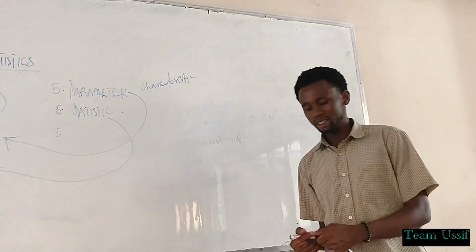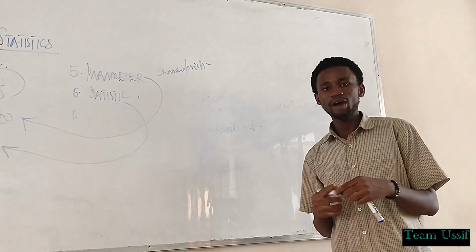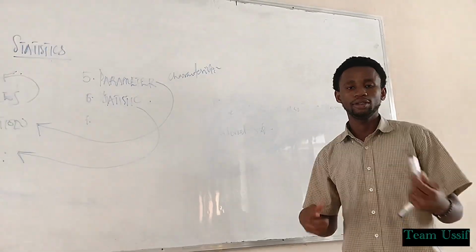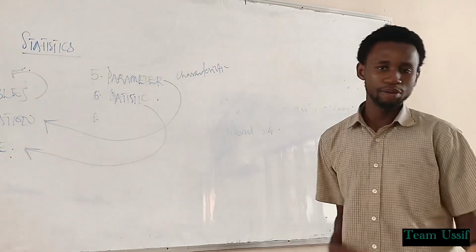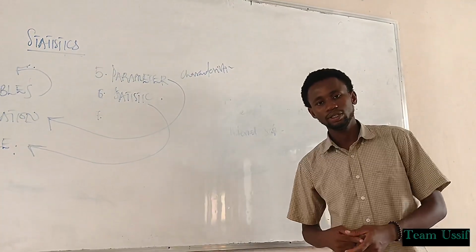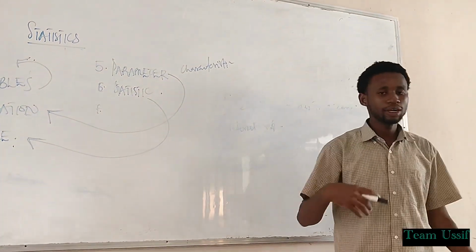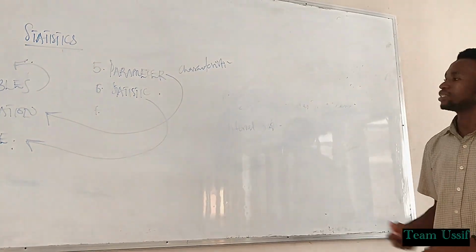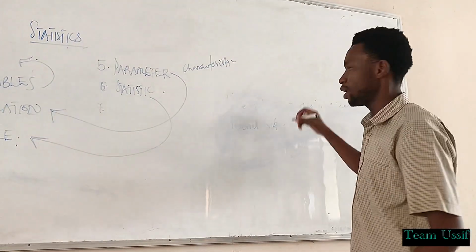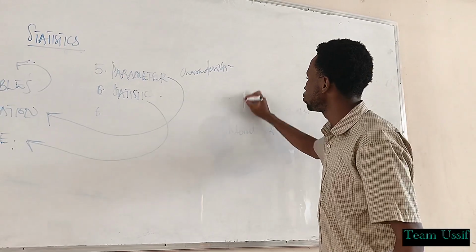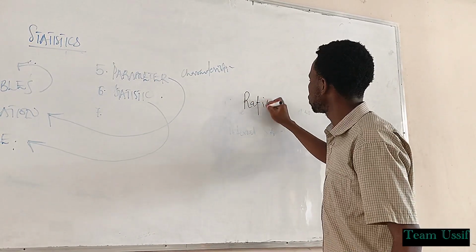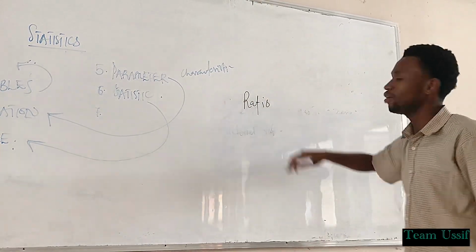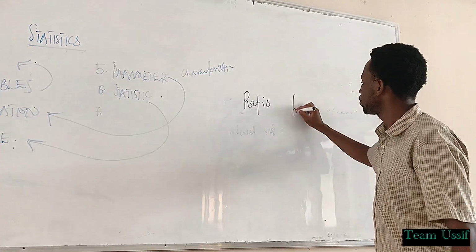Okay, so under the quantitative data, I earlier said that we have the continuous data and the discrete data, and that one can be measured and one can be counted. The discrete can be counted and the continuous can be measured. So another scale of data is the ratio scale. We have the ratio scale and the interval scale.